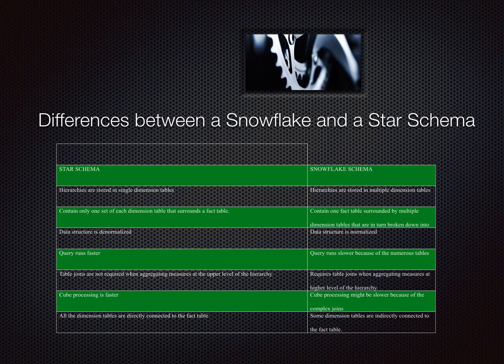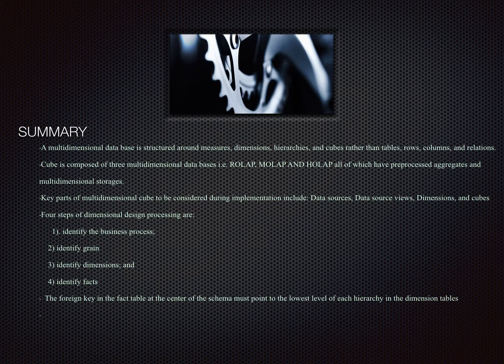In star schema data structure is denormalized, whereas in snowflakes data structure is normalized. In a star schema queries run faster, and in snowflakes queries run slower because of the numerous dimension tables. Now, summarily, we have a multi-dimensional database structured around measures, dimensions, hierarchies, cubes, and other tables.